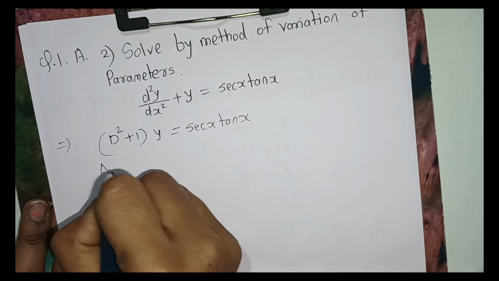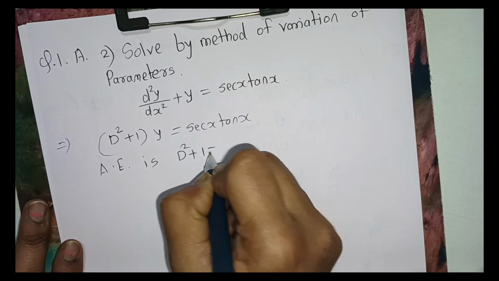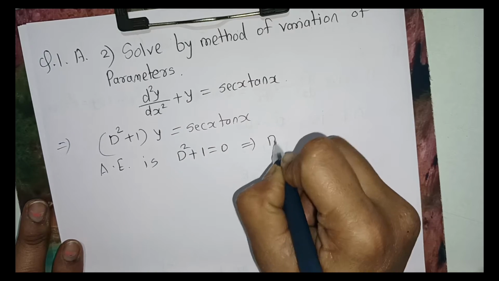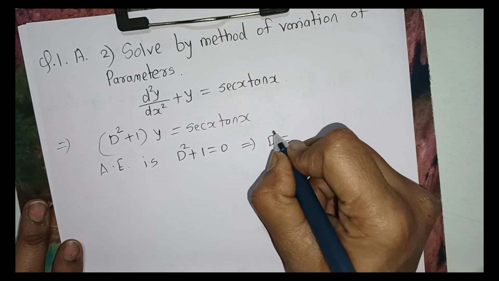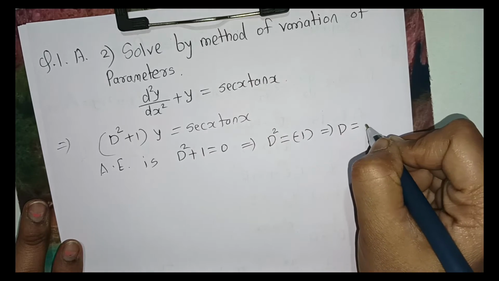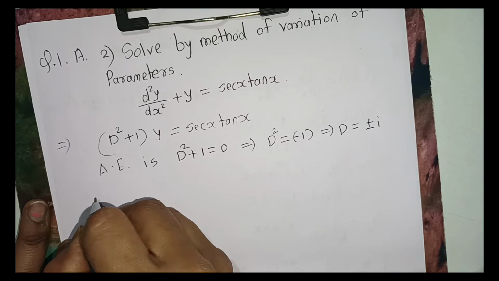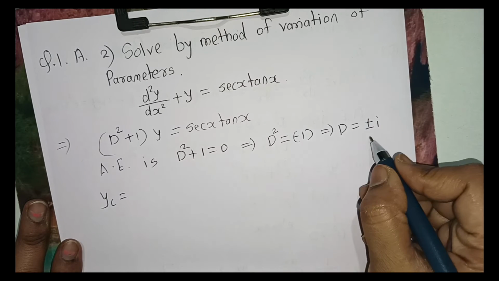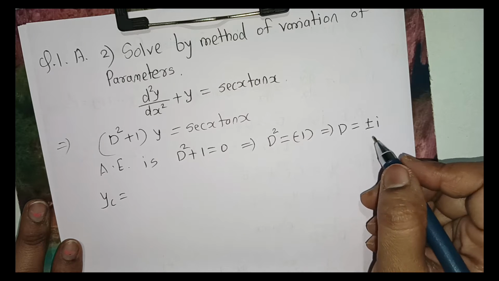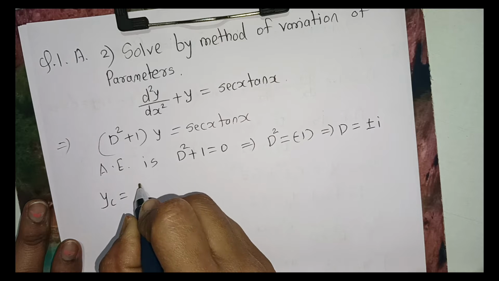So the auxiliary equation is D² + 1 = 0. The roots of the auxiliary equation: D² = minus 1, so D = square root of minus 1, that is plus or minus i. If the roots are complex, then yc is e^(real part times x) into the bracket c1 cos(imaginary part x) + c2 sin(imaginary part x).